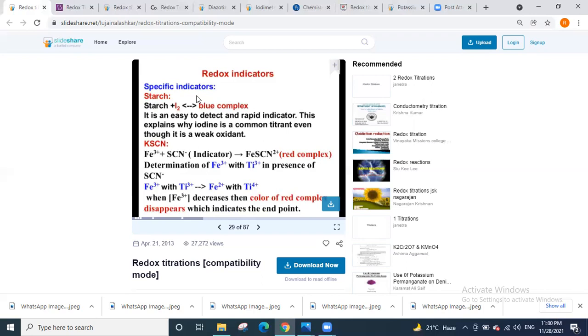So it is used in redox titration. Whenever you have a question, is starch a redox indicator, your answer is no, starch is not a redox indicator, but we use it whenever we have iodine as the titrant. It gives a very sharp color change, so we get a very good result or estimation with the help of starch.